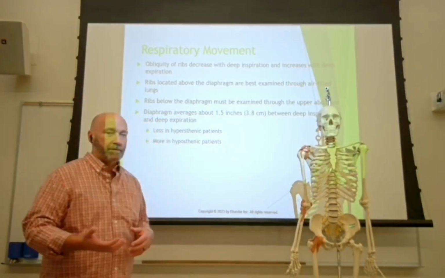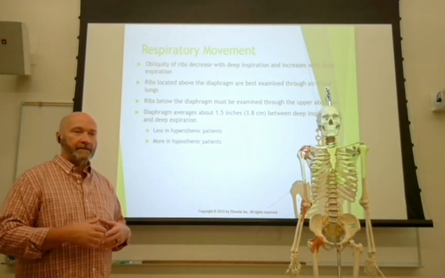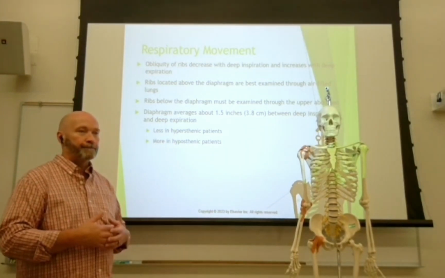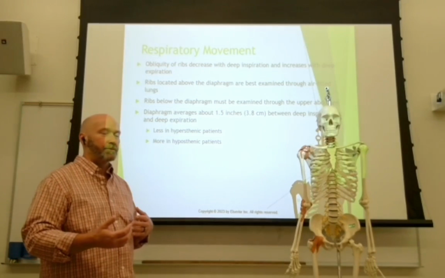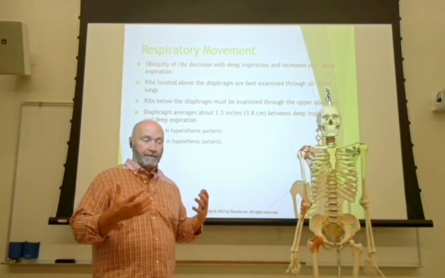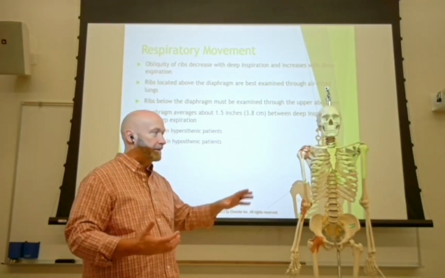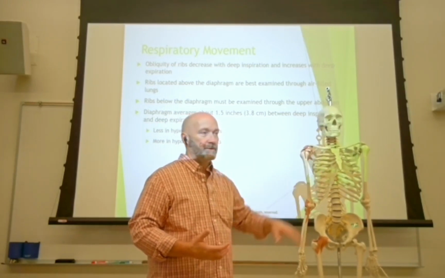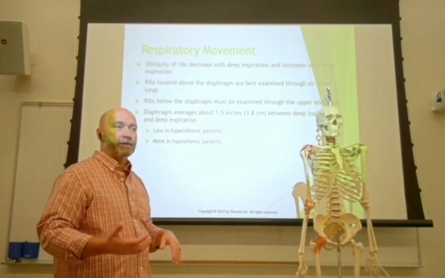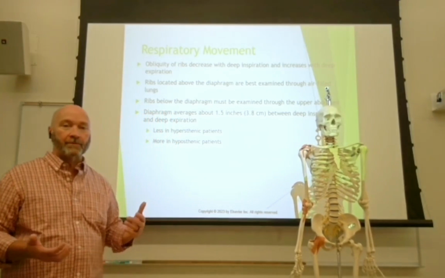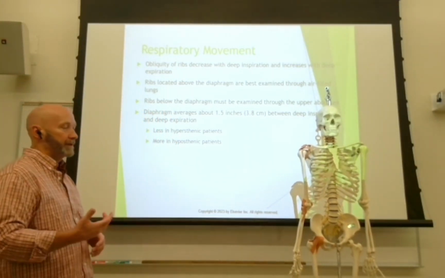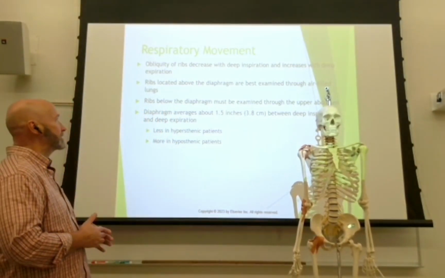That's going to be important in a bit when we talk about rib fractures and how the structure and integrity of the rib cage plays a part in patient outcomes whenever they have multiple broken ribs. That's what we refer to as a flail chest.